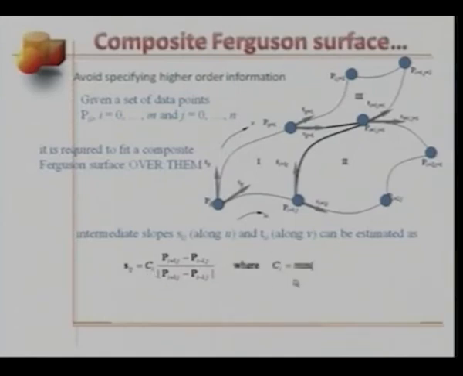Ci is equal to the minimum of the absolute values of Pij minus Pi-1,j and Pi+1,j minus Pij. So physically, what's happening? Let's see. Pi+1,j is this point. Pi-1,j would be a point here somewhere. So Pi+1,j minus Pi-1,j over its absolute value will be some unit vector.